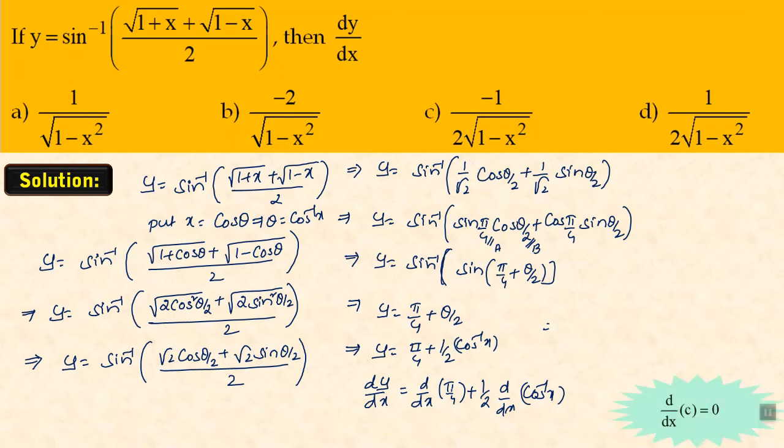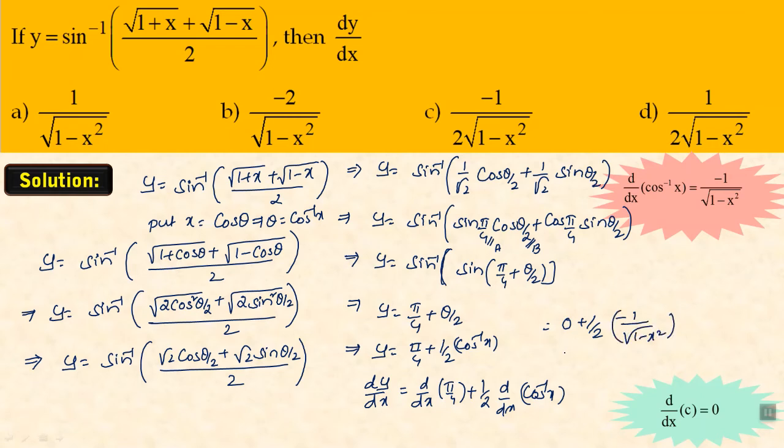We know that d by dx of constant is equals to 0 plus 1 by 2 into d by dx of cos inverse x, that is minus 1 by root of 1 minus x square. This equals to minus 1 by 2 into root of 1 minus x square. Therefore, the answer is option C.